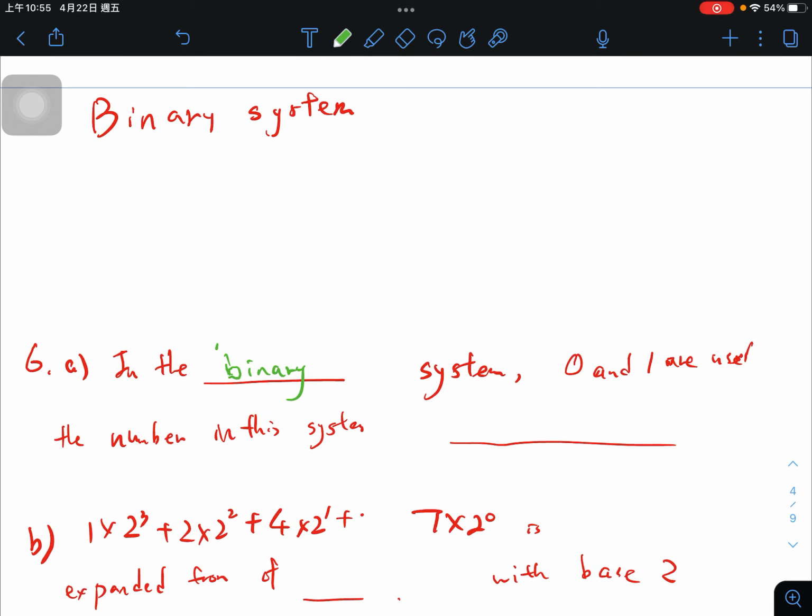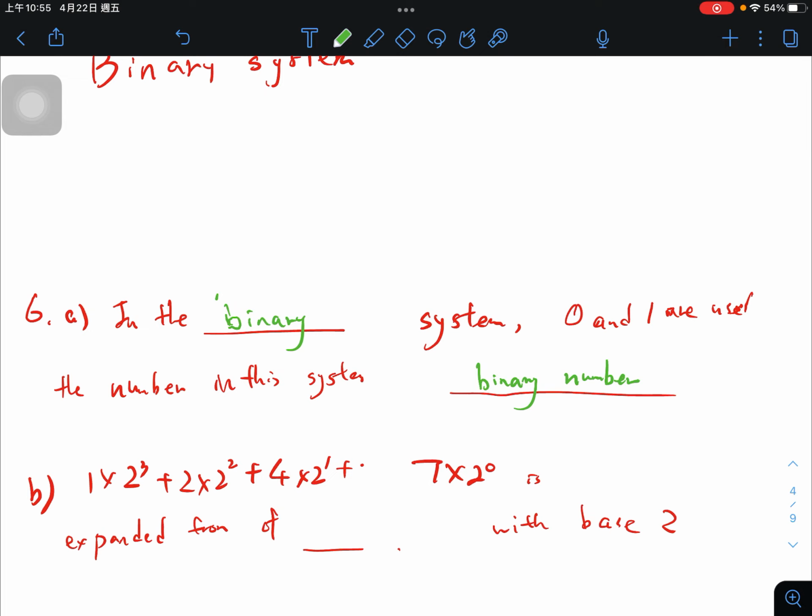The numbers in this system are called binary numbers. Just similar to the decimal system, 1 times 2 to the power 3 and etc. is the expanded form, the expanded form of the power of base 2.